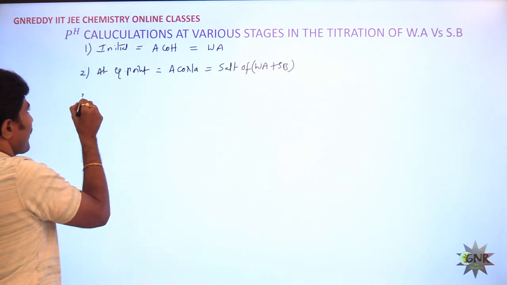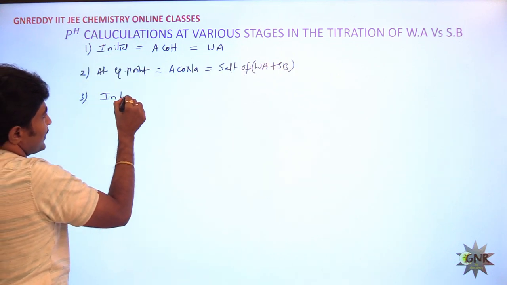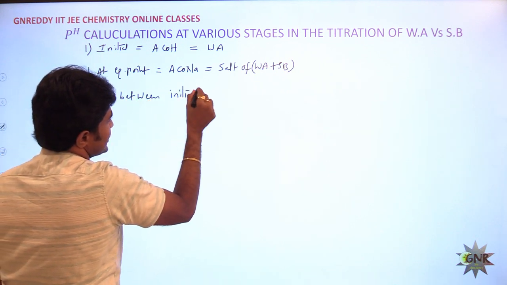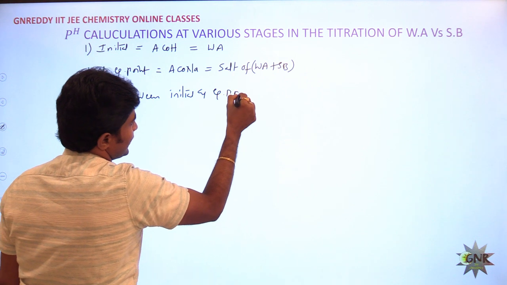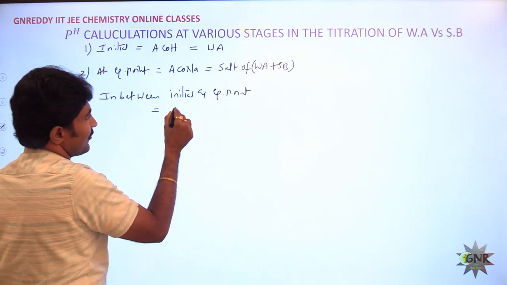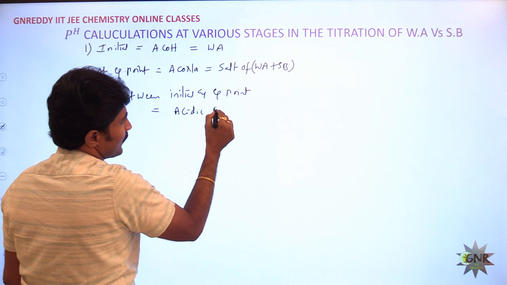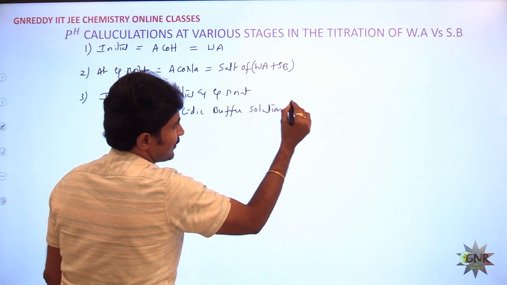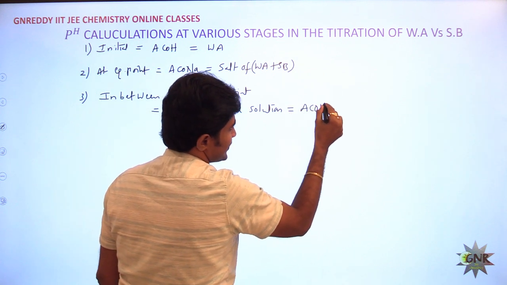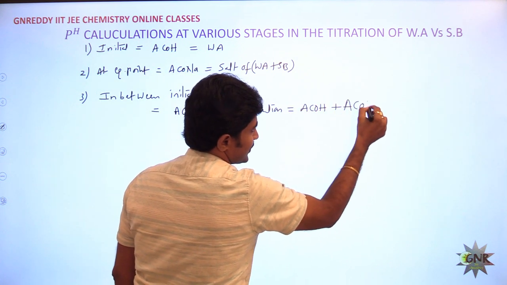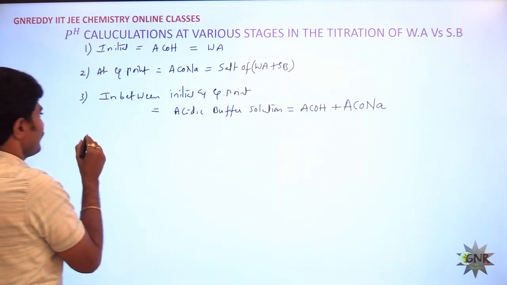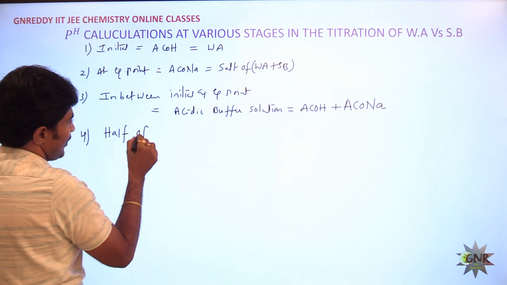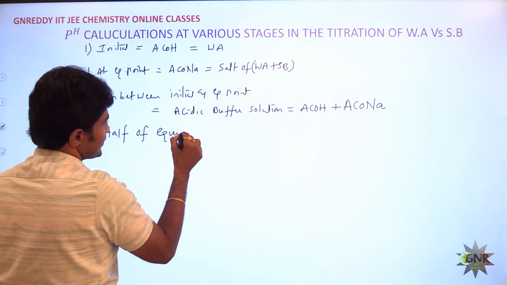In between initial and equivalence point, there is an acidic buffer solution, a buffer of acetic acid plus sodium acetate mixture. The fourth point is the half equivalence point.